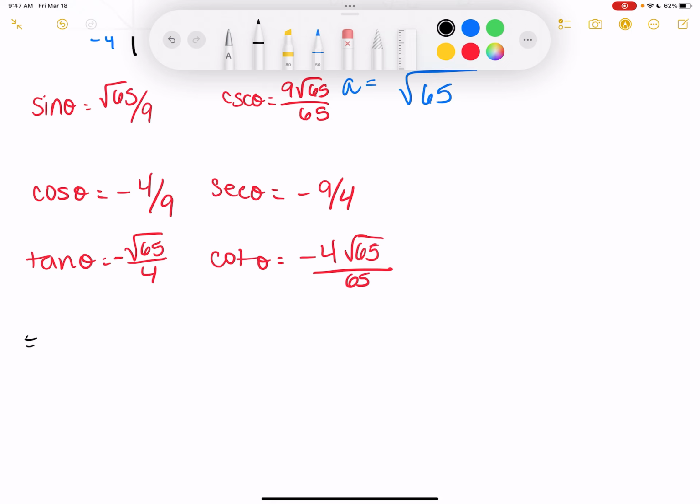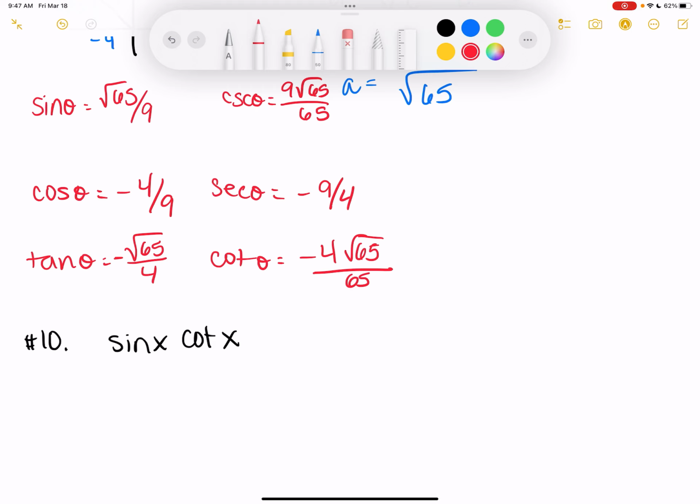Number 10. Sine of x, cotangent of x. And the goal is to simplify as far down as possible. So, the thought process that I have is, what can be rewritten as something else?